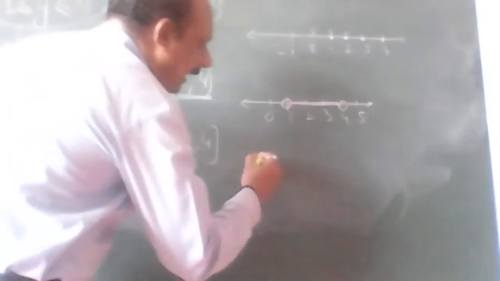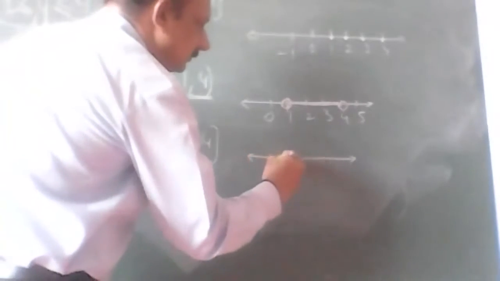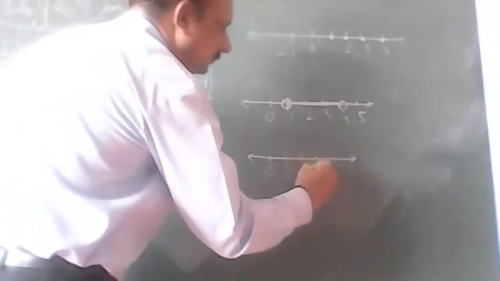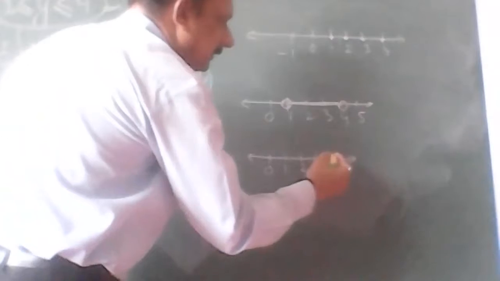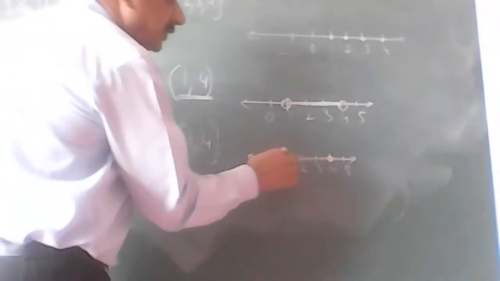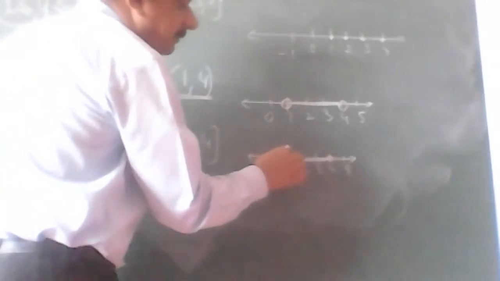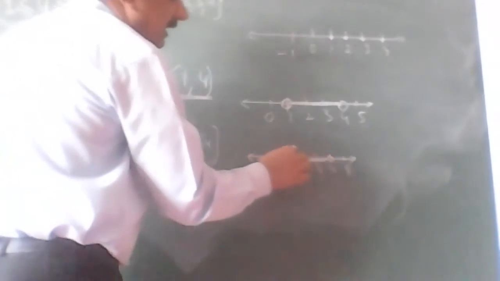It means y will lie between 1 and 4 in a closed interval. And how to show it there? We show a dark dot here, we show a dark one here, and this line will be highlighted.